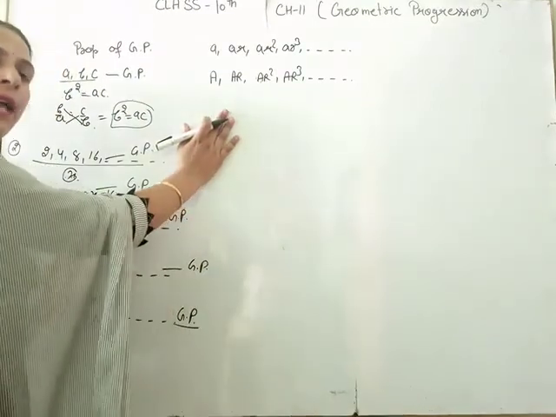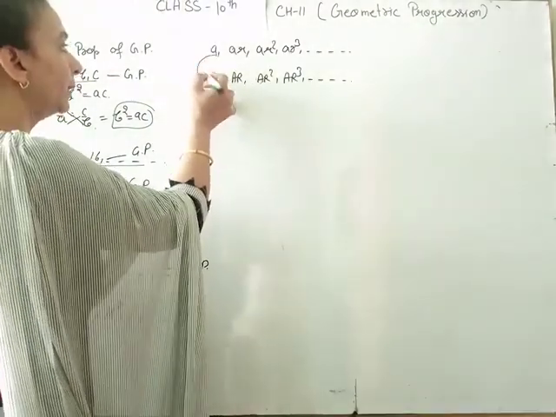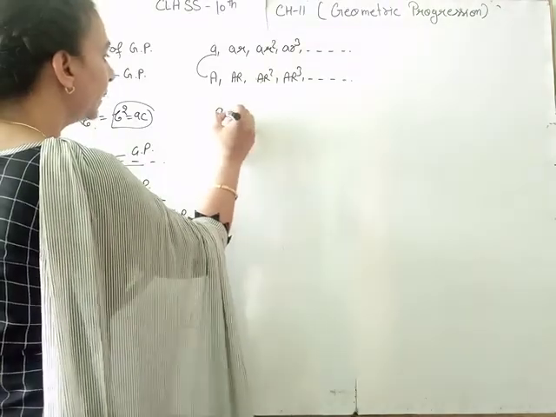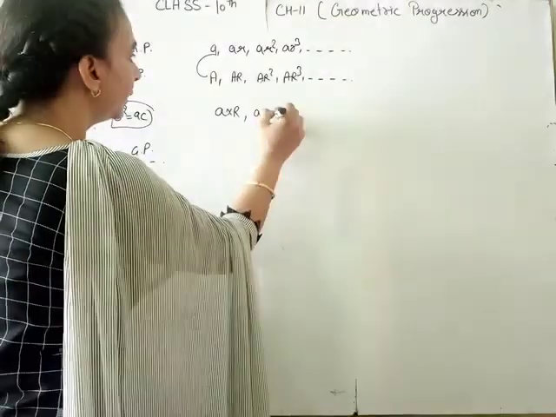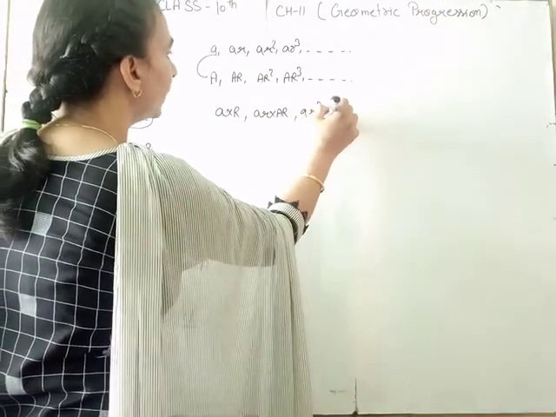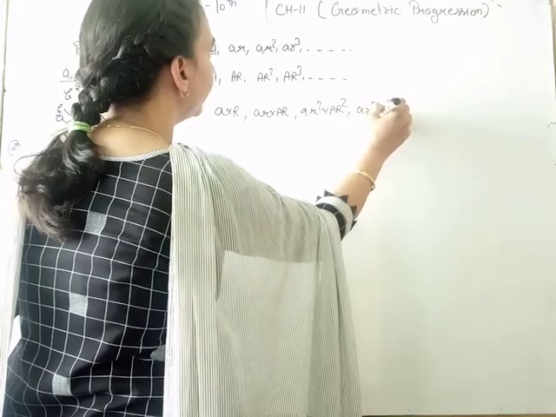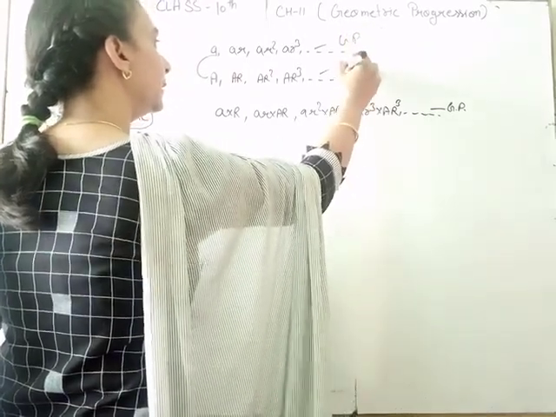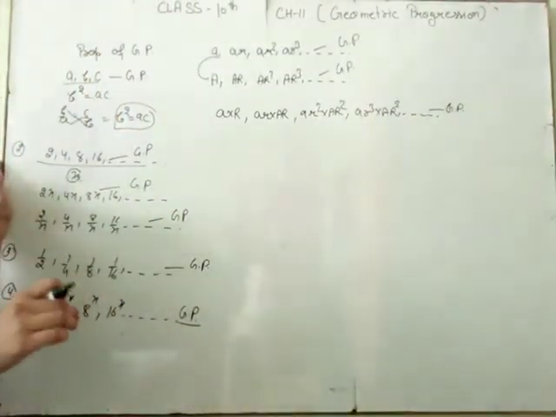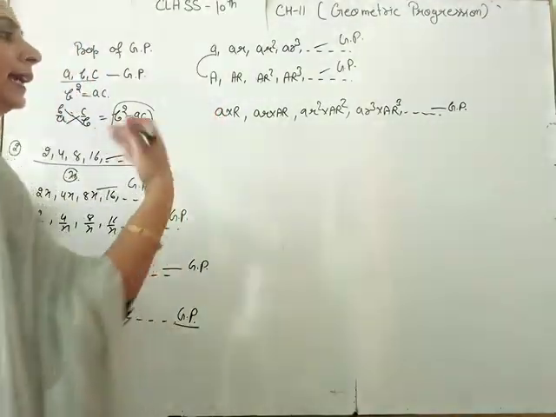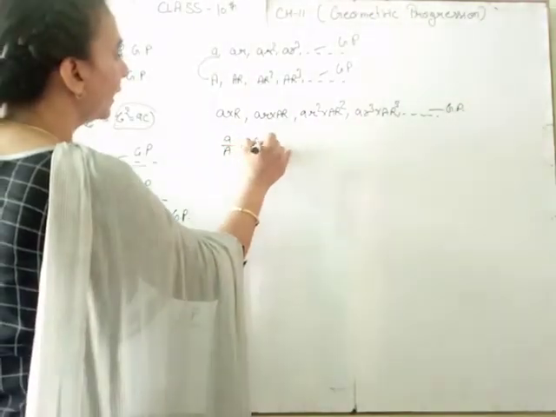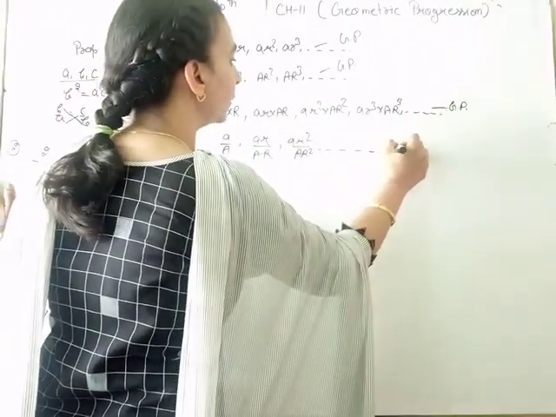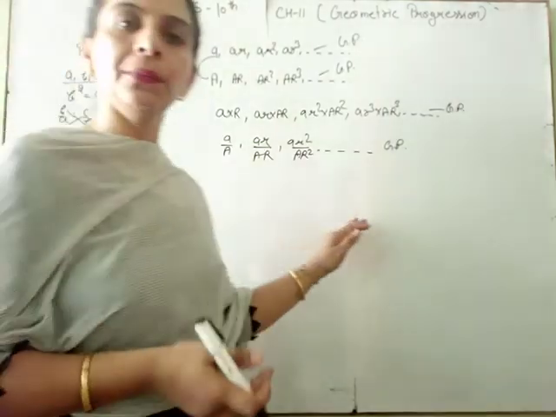If we multiply first term with first, second term with second, third term with third, then the resulting sequence is also a GP. That is A times A, AR times AR, AR square times AR square, AR cube times AR cube, and this is also a GP. Similarly, if we divide term by term, A by A, AR by AR, AR square by AR square, that is also a GP. These are some properties of GP.